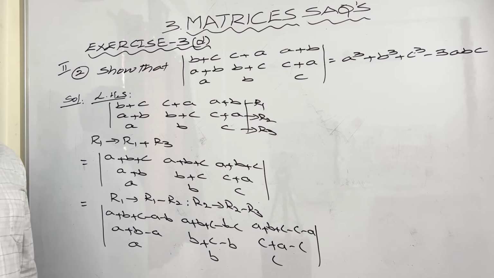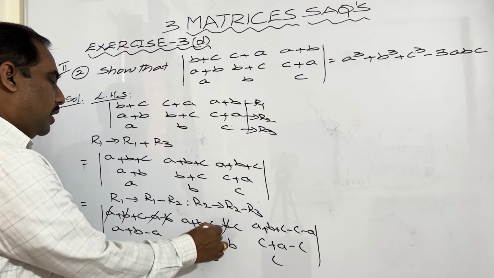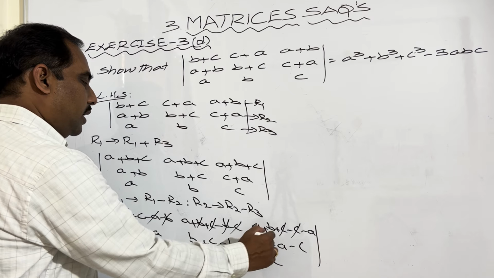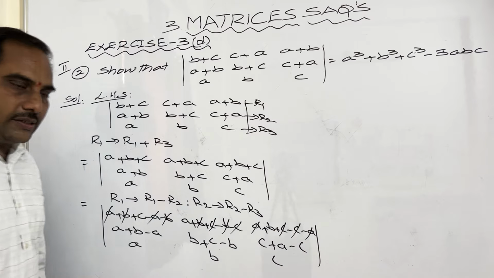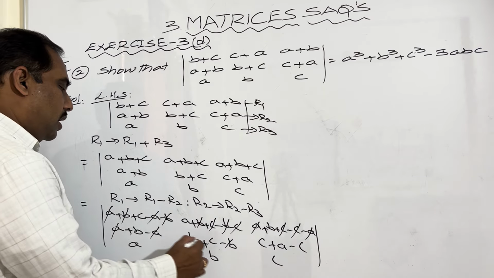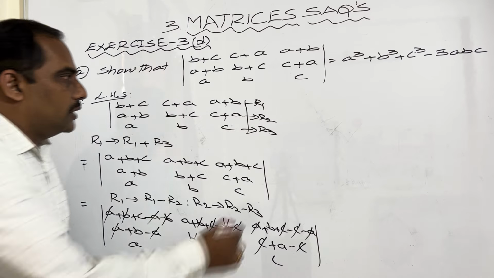Now what happens here? Plus A minus A, plus B minus B, minus B plus C minus C, plus C minus C, plus A minus A get cancelled. In the second row also plus A minus A, plus B minus B and plus C minus C get cancelled.